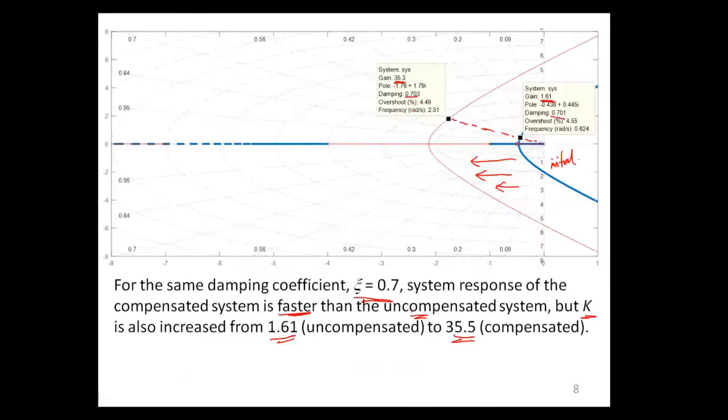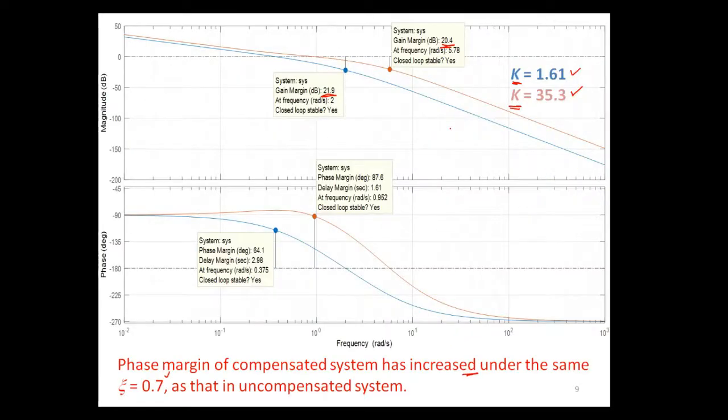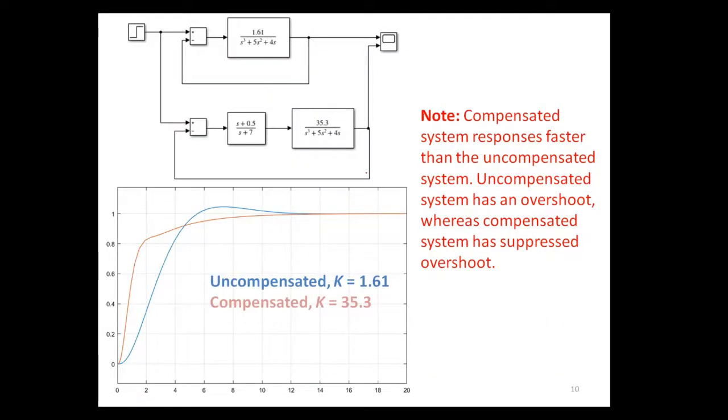So you may see that the phase margin, which is initially 64.1 for the uncompensated system, is now greatly increased to 87.6.